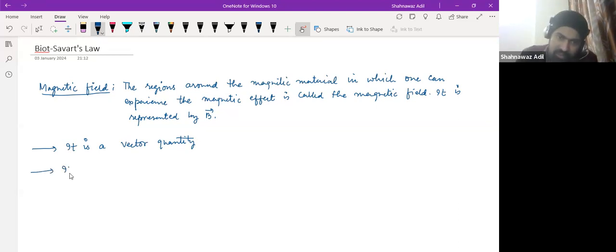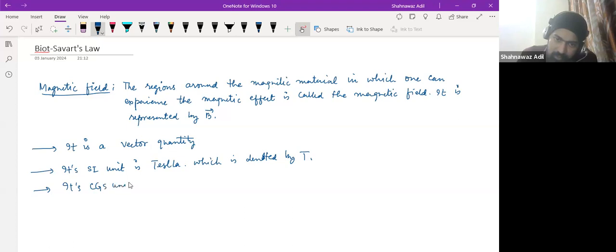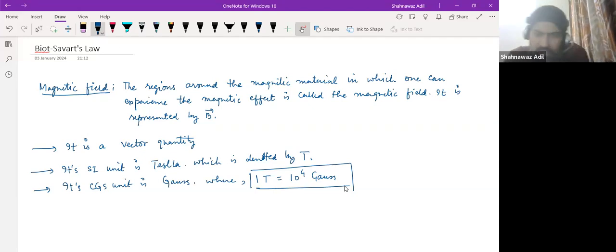Its SI unit is Tesla, which is represented by T, and its CGS unit is Gauss, where 1 Tesla is 10 to the power 4 Gauss. So this is the CGS unit.